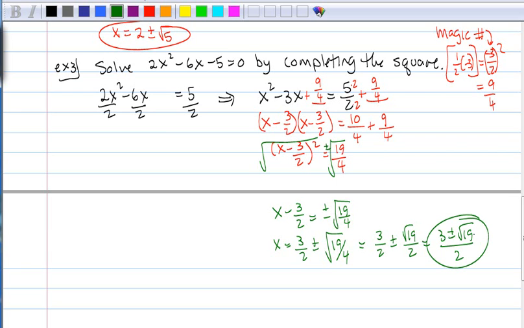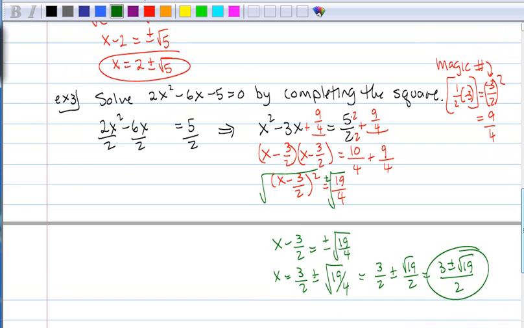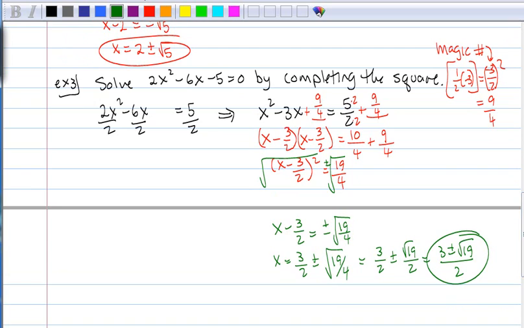And that should be the answer. That's a 19. And you can get the decimal approximation for this, but when it's not a word problem and they don't ask you to estimate, this is the answer the computer expects. So that is another example of completing the square. Hope that helps.